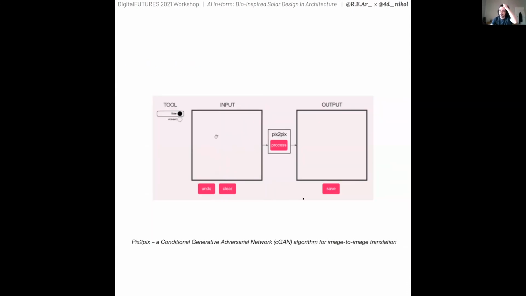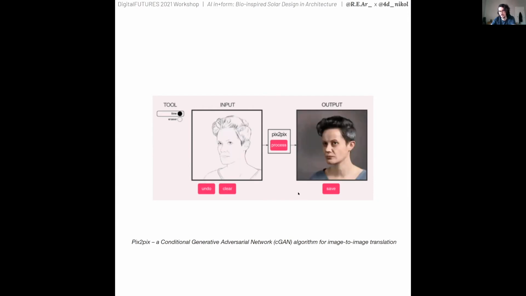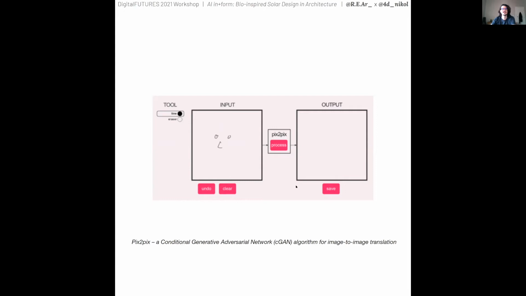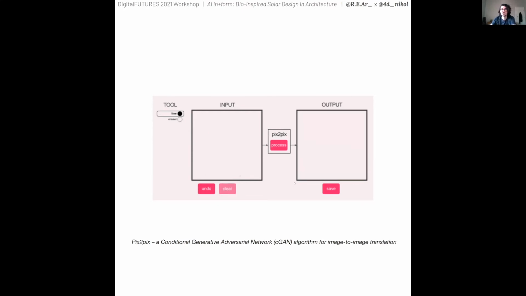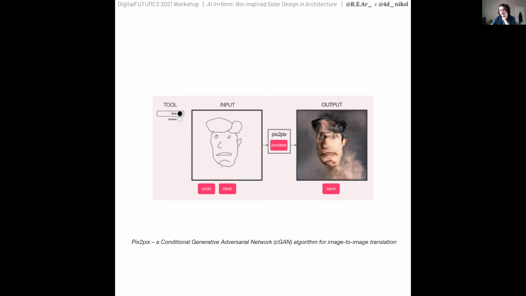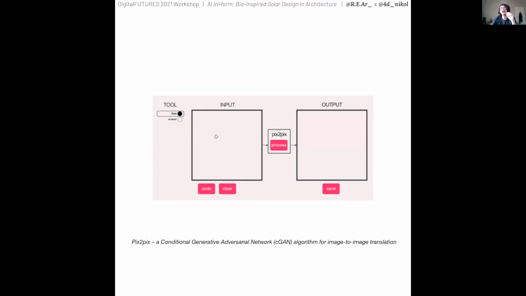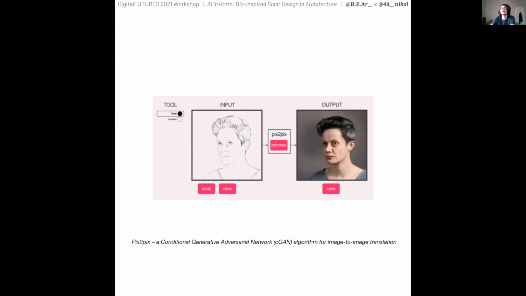So yeah, I mentioned pix-to-pix, and it has been mentioned before in this presentation. This is the algorithm of choice that we will be using for the machine learning part of this workshop. Pix-to-pix is a conditional generative adversarial network. It is a CGAN that does image-to-image translations. As you can see here in this video, you have an input that is one style of image, like here on the left, a hand-drawn drawing of a face.